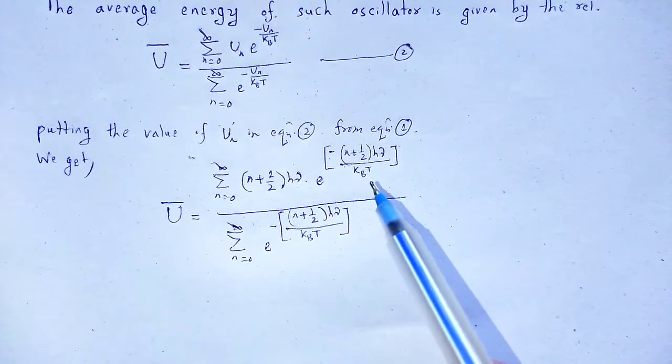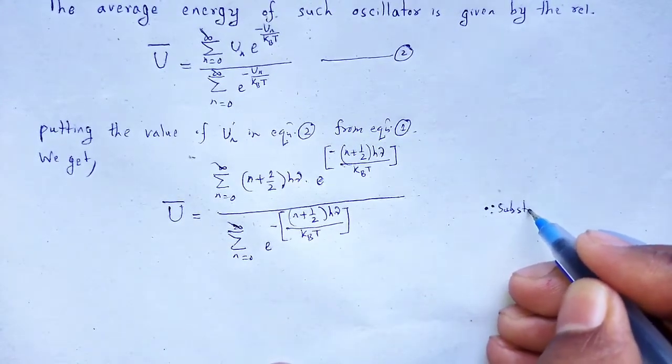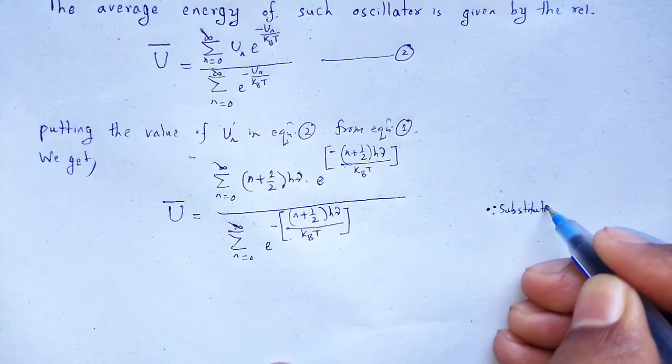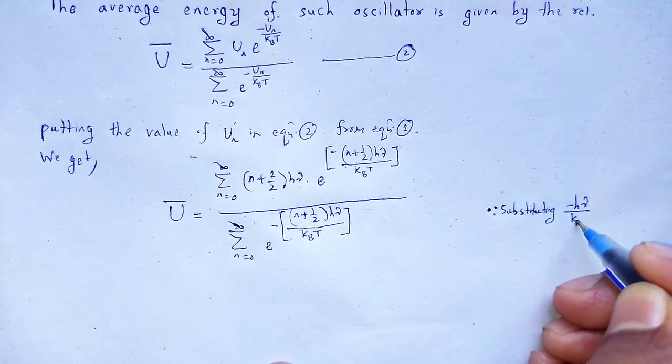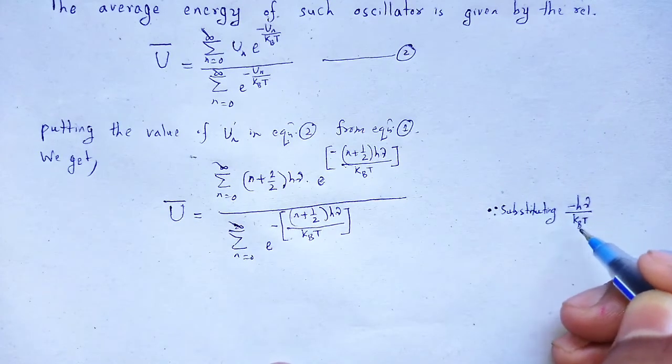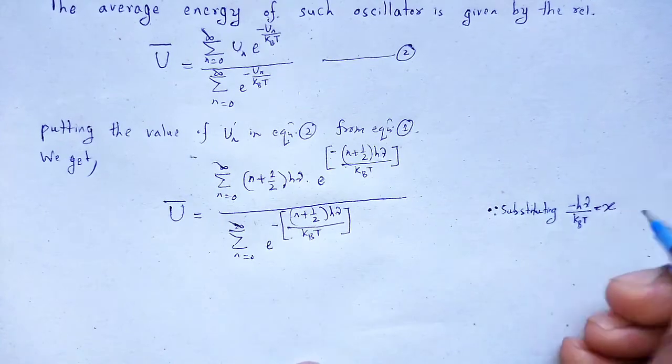Let us substitute minus h nu divided by kBT, kB being Boltzmann's constant, which we already know, equal to x.